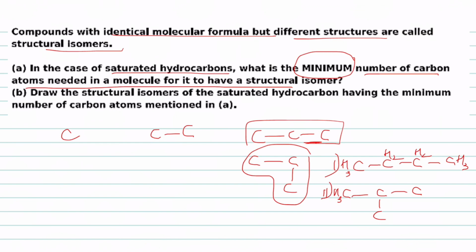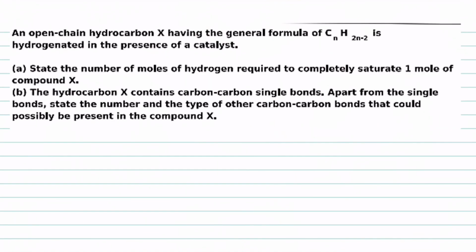Since three bonds are already made, we can place only one hydrogen here. Then CH3, then CH3. So the minimum number of carbon atoms for it to have a structural isomer is 4. Structural isomers of the saturated hydrocarbon have already been made. Okay, next question.